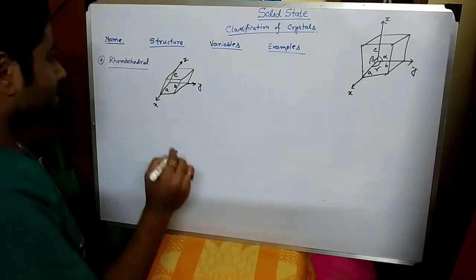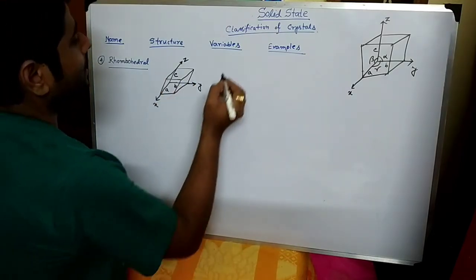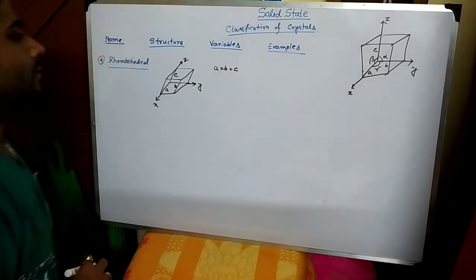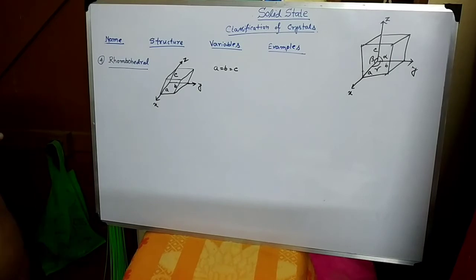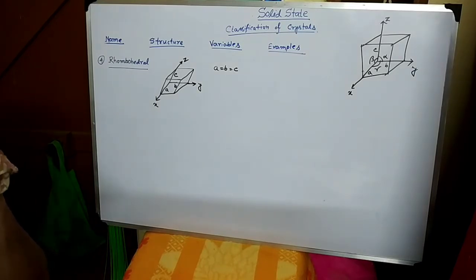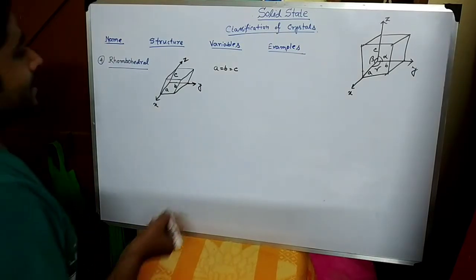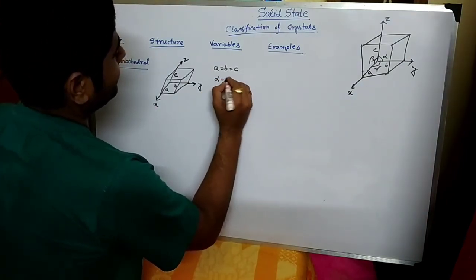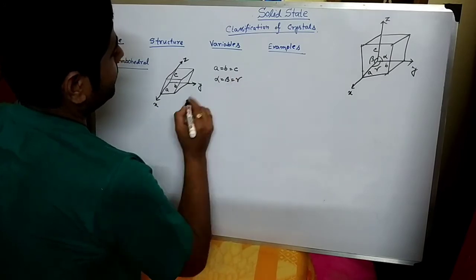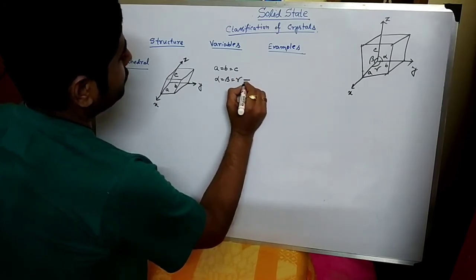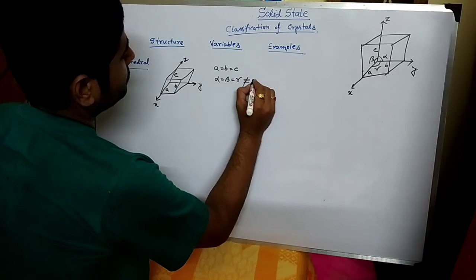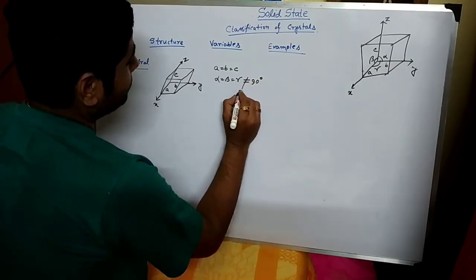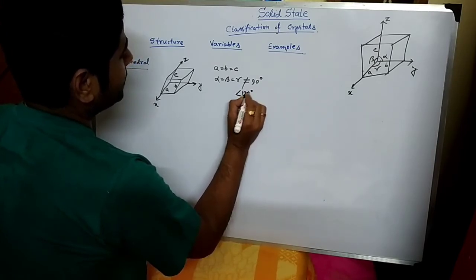What is the condition for this structure? A equals B equals C. All the arms, all the edges will be the same in distance, but the angles alpha equals beta equals gamma not equals 90 degree, and one condition is that it should be less than 120 degree.